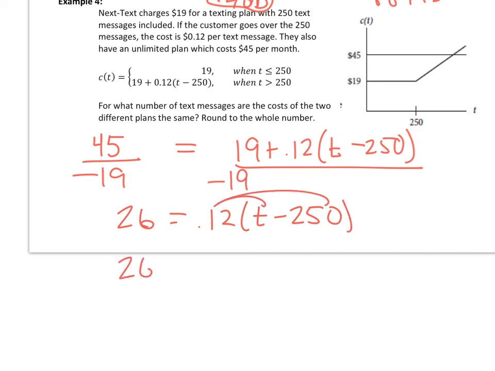So I have 26 equals 0.12 t, and then negative 250 times 0.12, that's negative 30. So now all I gotta do is add 30.